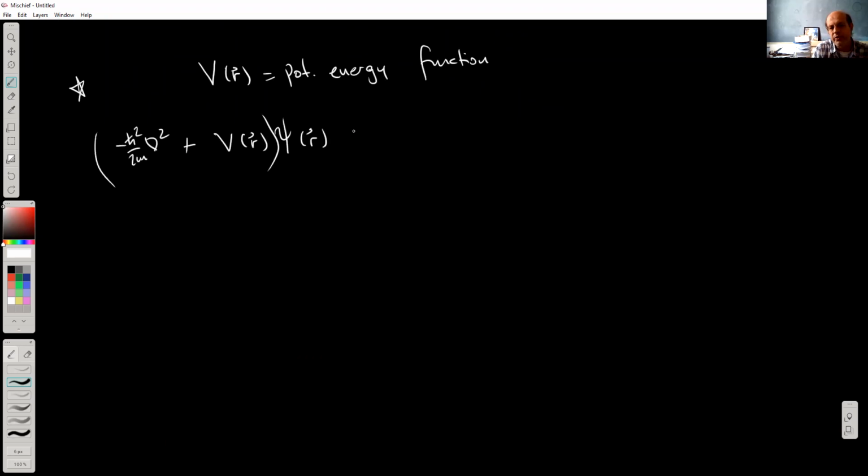I would like to solve this equation, for example. So that's the Hamiltonian applied on psi. Let me just concentrate on this one, okay? So this V of R multiplied with a wave function gives me some other function. I don't know if this is a square integrable function or not. Let's assume that it is.